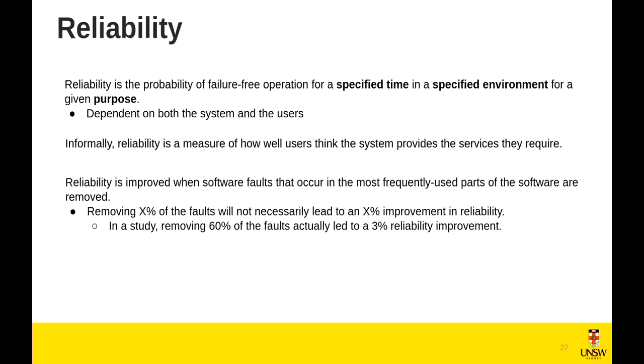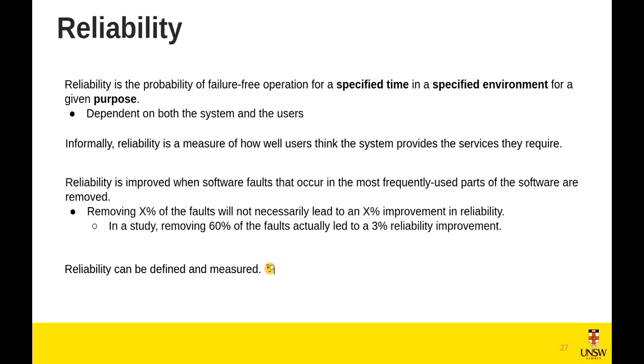But if we try to remove some bugs in some corner or rarely used features, then the improvement of reliability is not very significant. So reliability depends on users, so we should remember this.